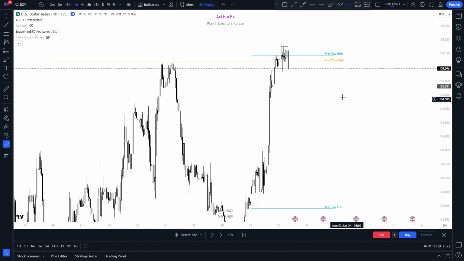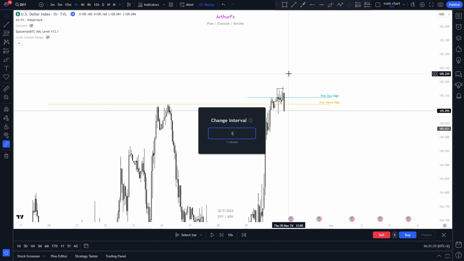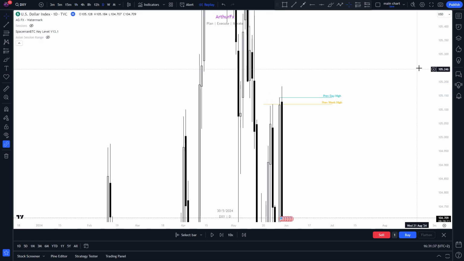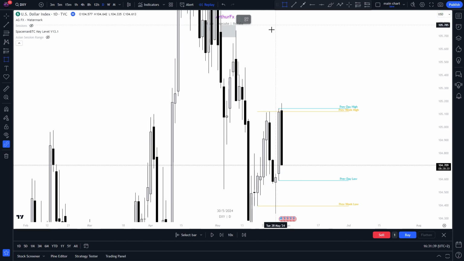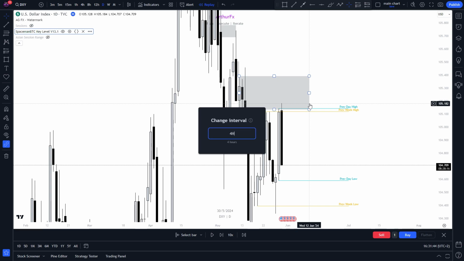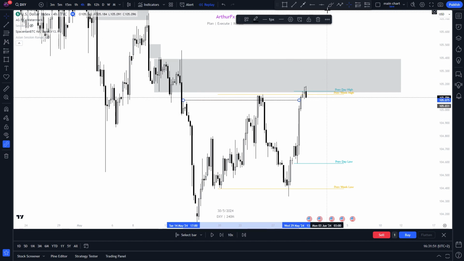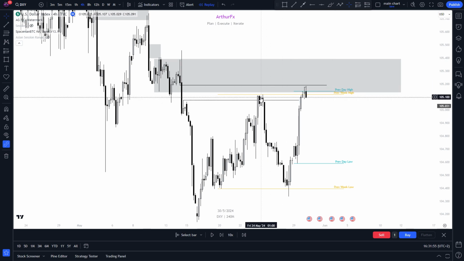So let's see what this kind of reaction came from. If we go on the daily, first of all, we had this daily order block right here. And then if we go on a 4-hour, we can see that there's a 4-hour fair value gap inside of that daily order block as well, which was tapped here before, and then we swept it, and I was looking for price to retrace down from there.